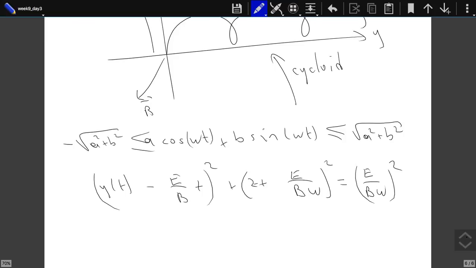But this is nothing but the equation of a circle with its center moving in time. So this coordinate, e over b times t and minus e over b omega, is the center of, I mean, we had this wheel example, these are the coordinates of the center of my wheel. And this point is always at the same distance from the center of my wheel.